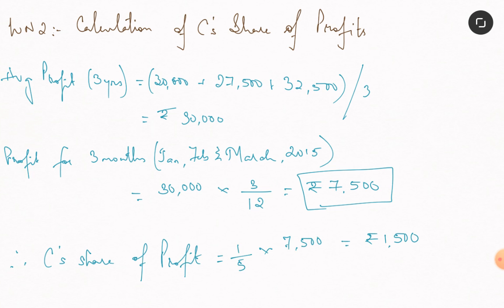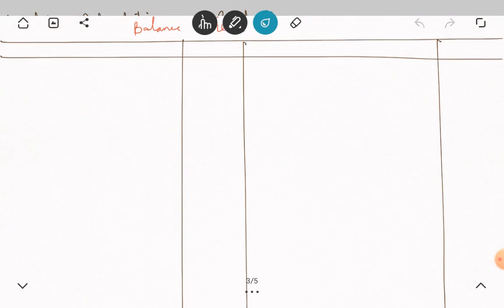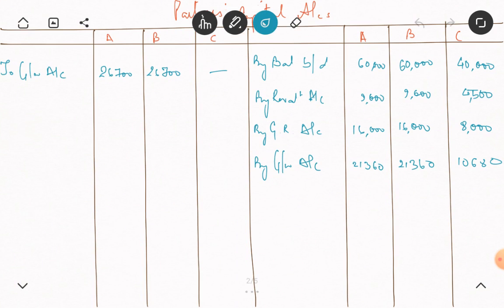This is C's share in the profits. Now remember, it is an interim profit. Okay, so this will be transferred to our profit and loss suspense account. All right, please remember, it is an interim profit. All interim profits are temporary profits, and we have not yet closed the books of account, so we cannot transfer them to profit and loss account. We have to transfer them to profit and loss suspense account.